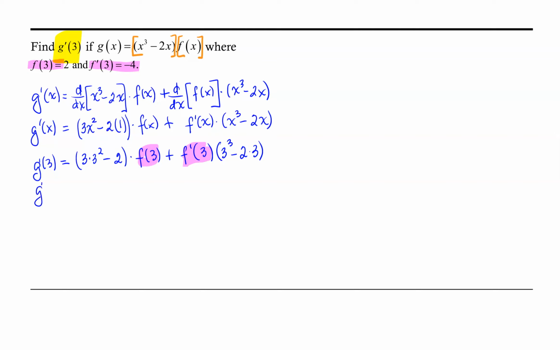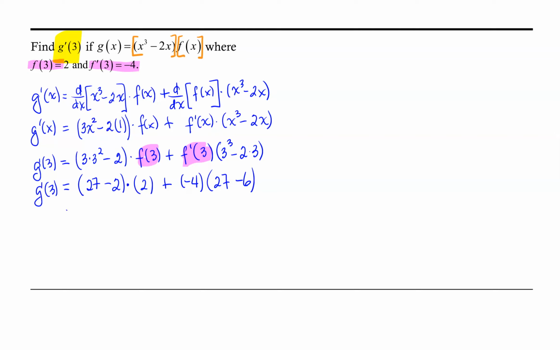So g prime of 3 equals 3 times 3 squared, that's 27, minus 2 times my f of 3, which is 2, plus f prime of 3, that's negative 4 given to us, times 3 cubed, that's 27, minus 6.